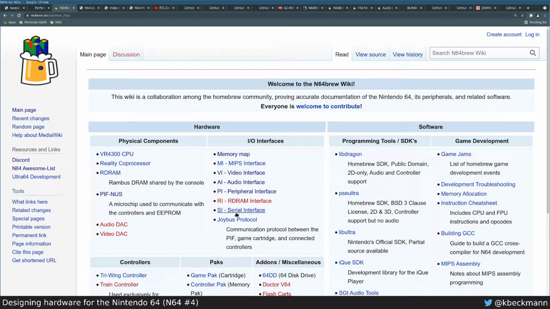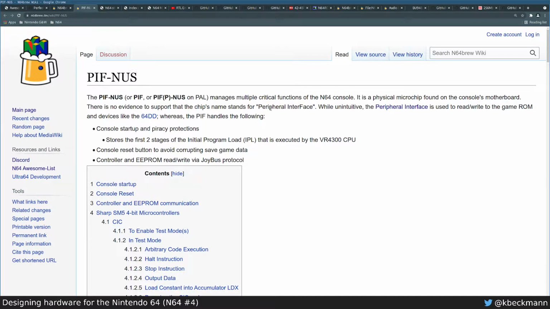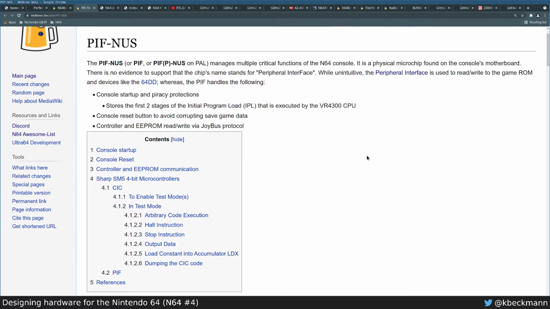So the PIF is the peripheral interface chip that handles both IPL. Ah, cool. That sounds reasonable for sure.